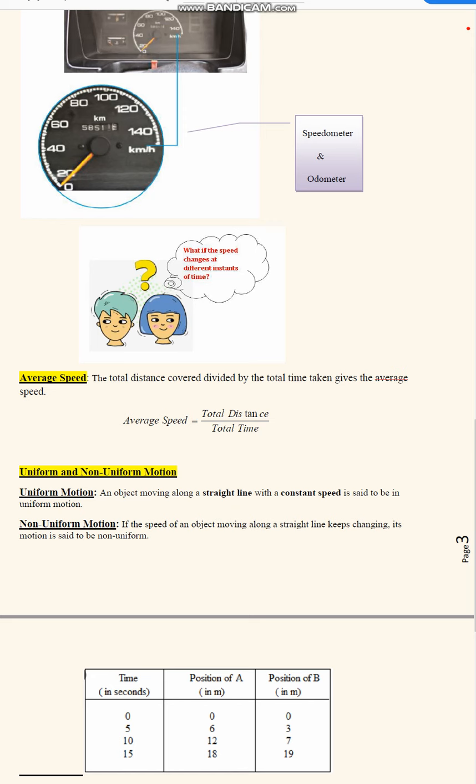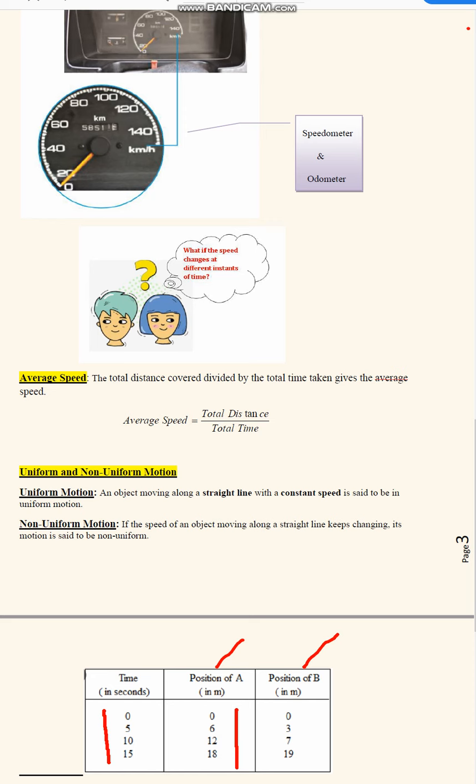As an example, let us see this table for the positions of two objects A and B at various instants of time. Let us see here that the time interval is of 5 seconds each, and we see that for every 5 seconds the distance covered by object A is 6 meter each. For every 5 seconds A covers 6 meter.